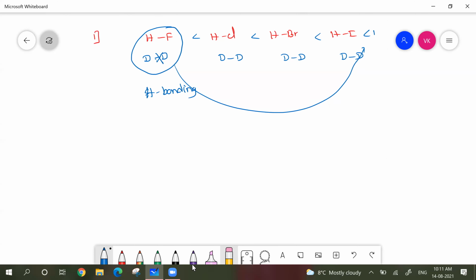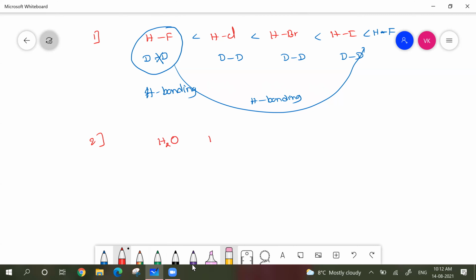Out of all, which is having stronger forces here, HF. Here HF is not having van der Waals forces, it is having hydrogen bonding. What is the reason here? It is having hydrogen bonding. Clear?